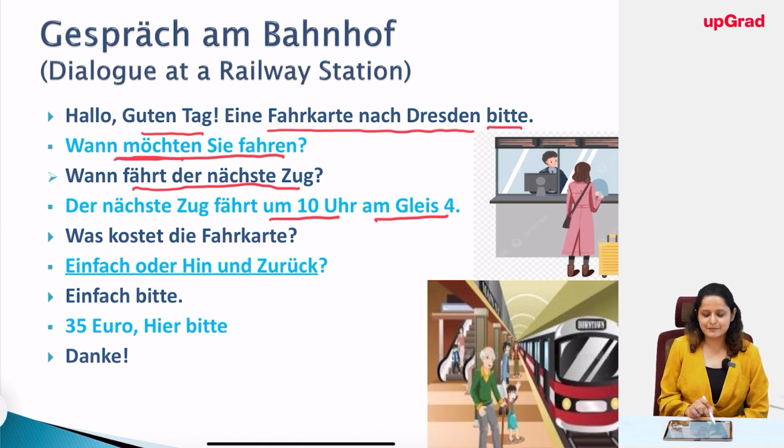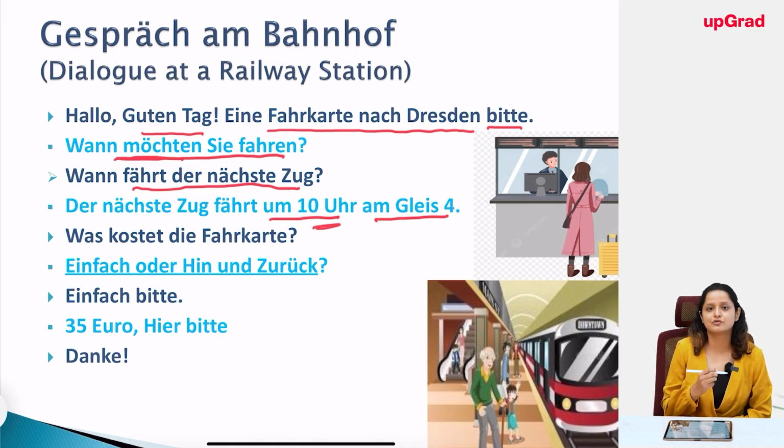Now what this means is that person might tell you that the next train is leaving at 10 o'clock, which is 10 Uhr am Gleis 4. So the word Gleis means platform.